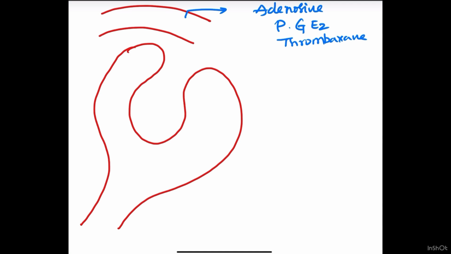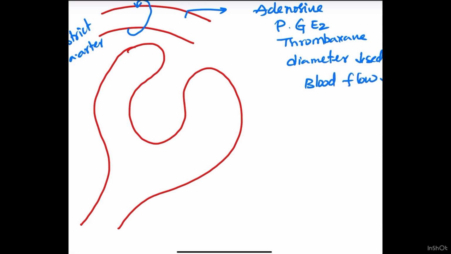So these are all going to constrict the afferent arteriole. Because of this, when the diameter decreases, blood flow decreases. When the blood flow is decreased, automatically GFR is going to be decreased.